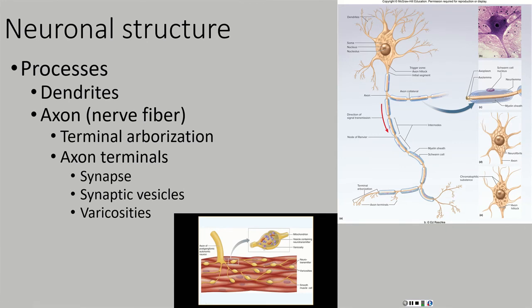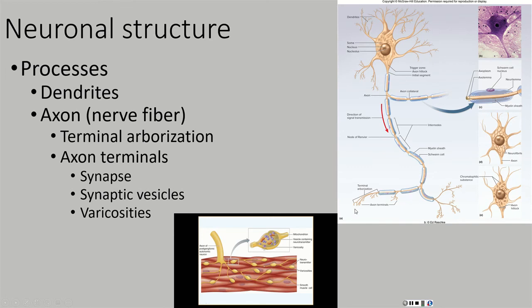And this is the part that is going to actually communicate with the next cell. Maybe it's another neuron, maybe it's a gland, maybe it's a muscle cell. Whatever it is, the next cell in line is going to be communicated with by these axon terminals or these terminal buttons.